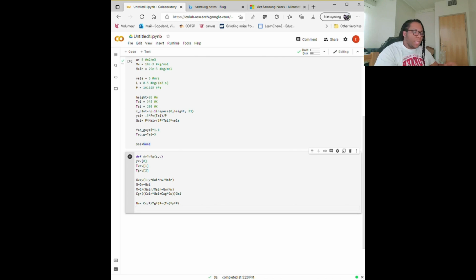We'll now be putting those in, and so that'll be negative A times M divided by G times our mass flow rate, and that is our change in mole fraction of water.